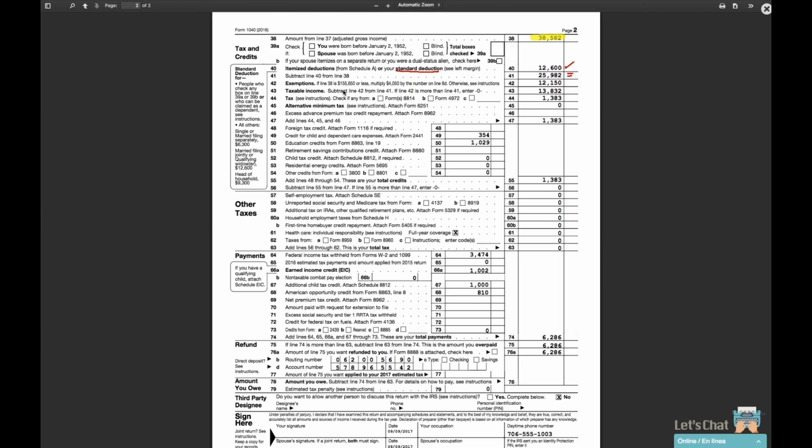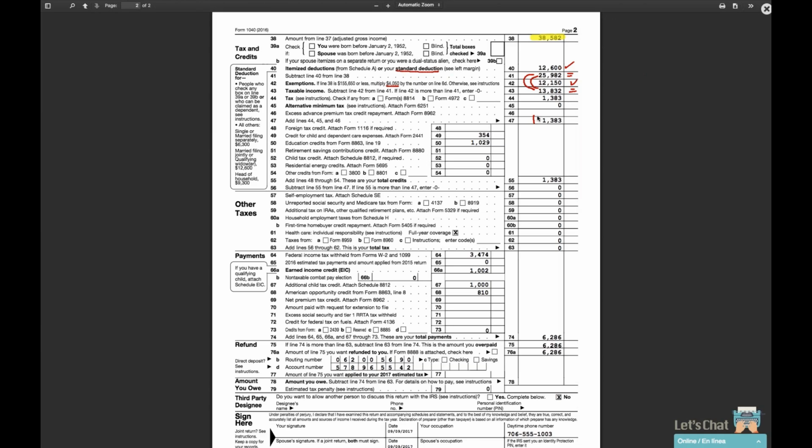Because they are married, there's 3 people in the return. There is mom, dad, and the dependent. So the IRS says $4,050 per person, so that equals $12,150, right? So that minus that, your new income minus your exemption, equals $13,832.